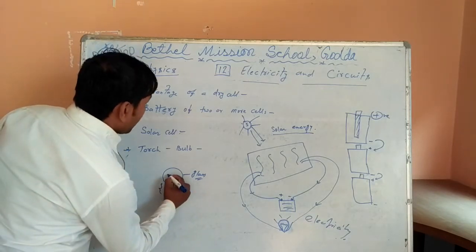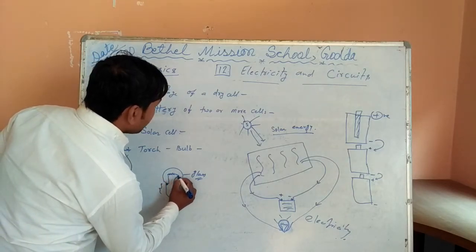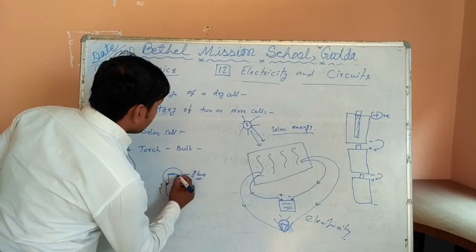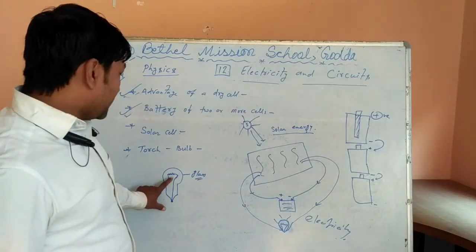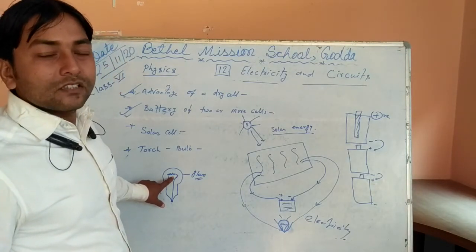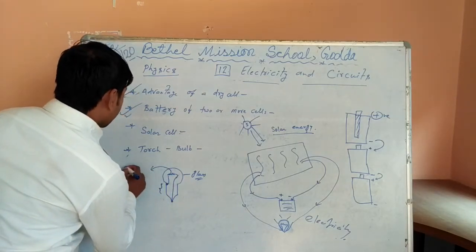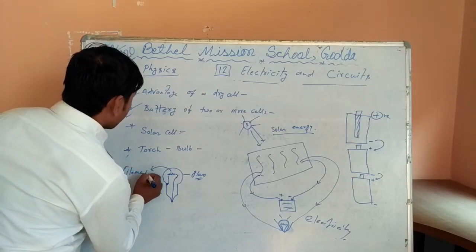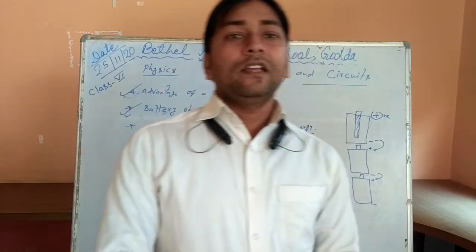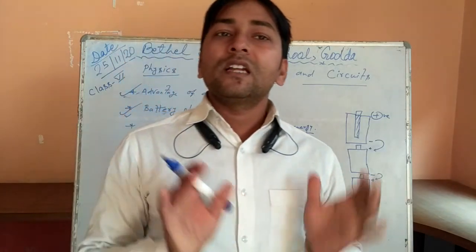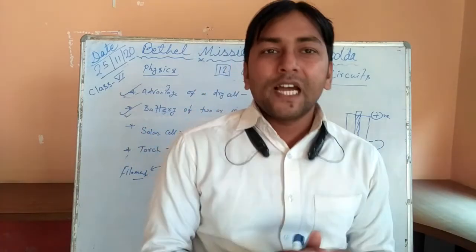These two wires are connected with the filament. What is it called? Filament. This is a filament, which is made of tungsten. The filament is made of tungsten.